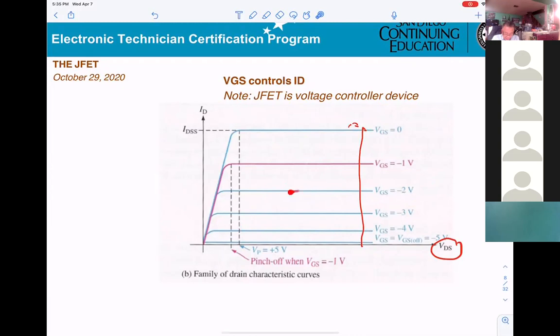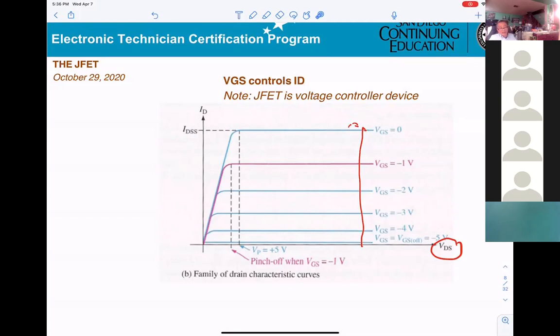If you go to the left, you can identify the ID here, and if you go down, you can get the VDS. So basically VGS is what is controlled. The JFET is a voltage controlled device. That means when you change VGS, it gives you a different value for the current ID and also the voltage VDS.